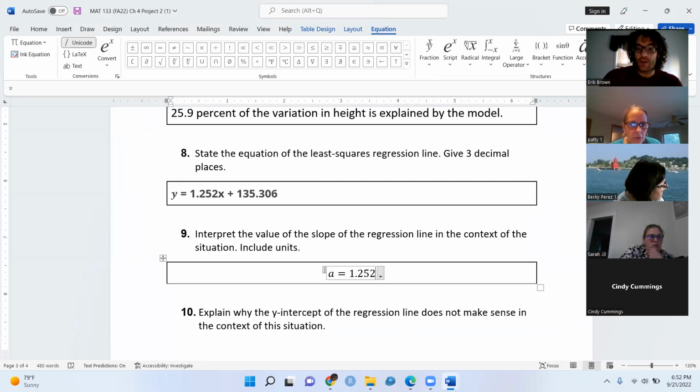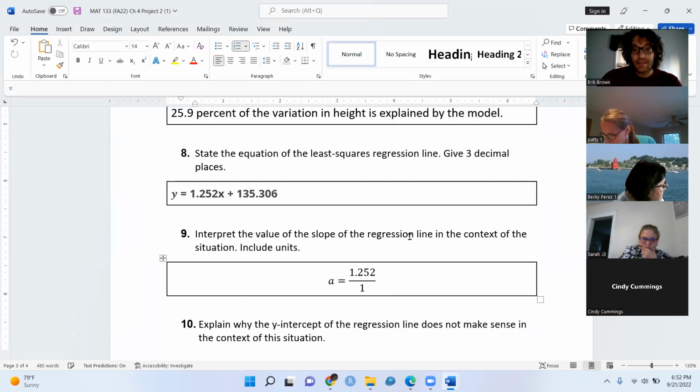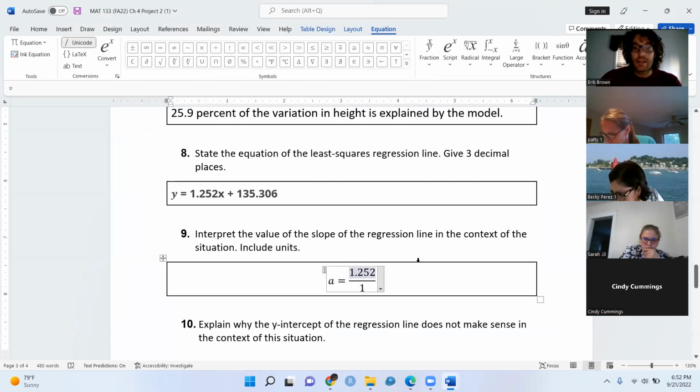Now, the thing to keep track of is this is really a number over 1. And the top number is the Y variable. So this is 1.25 centimeters of height.